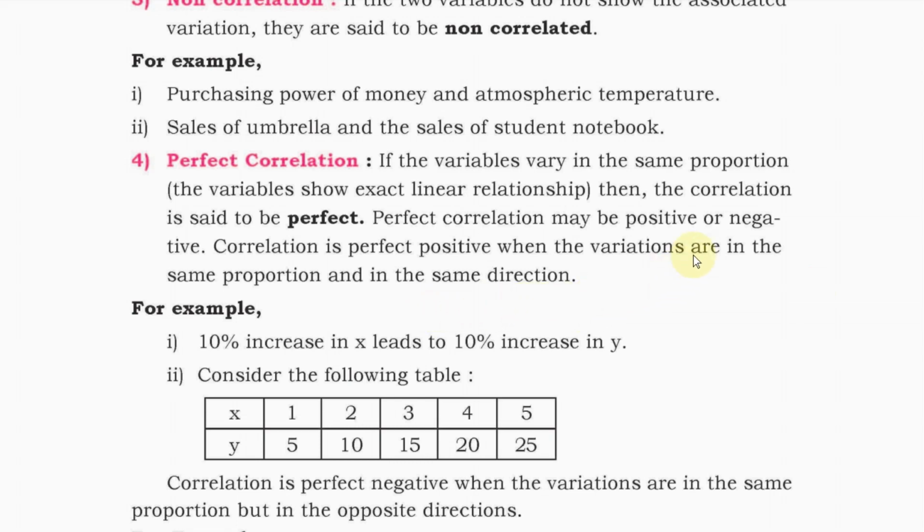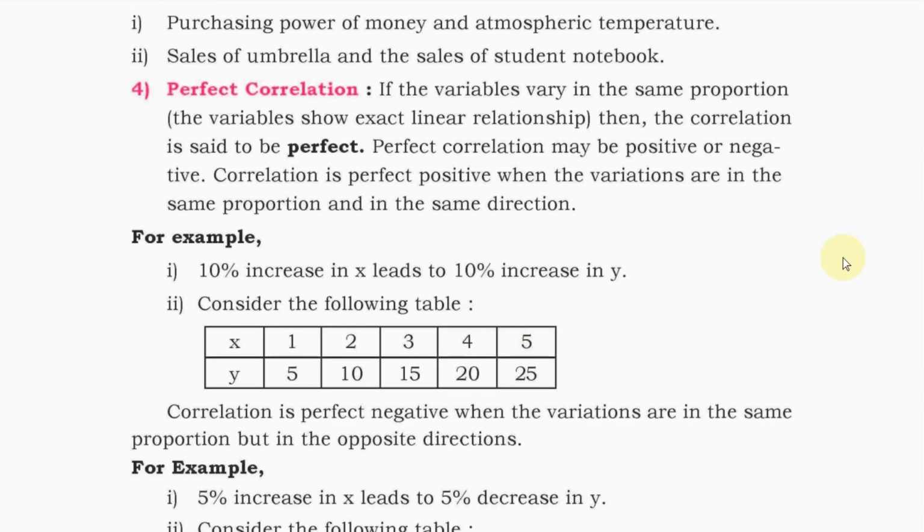So perfect means if one variable, that is x, increases by say 10%, then y also increases in the same degree, that is 10%. If this happens, then it is called a perfect correlation.